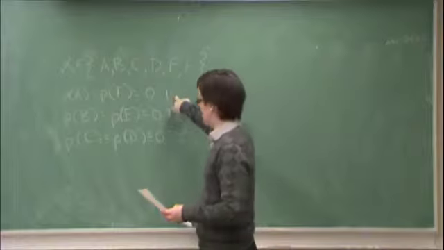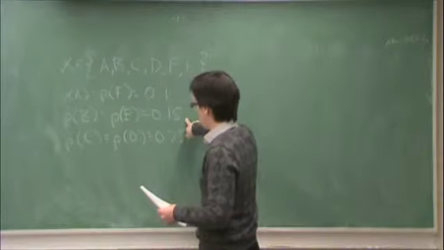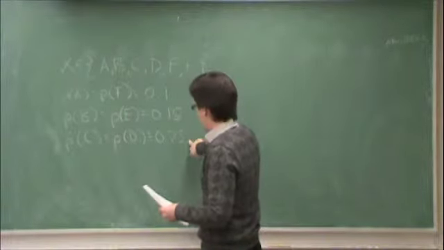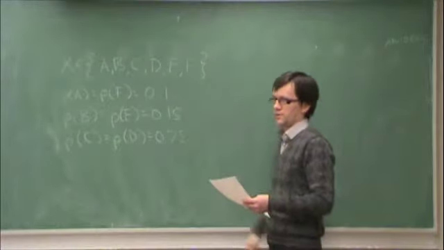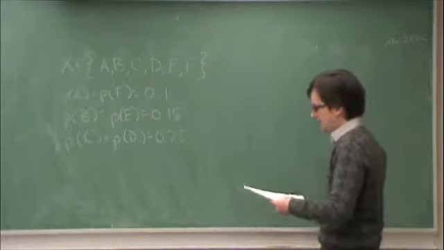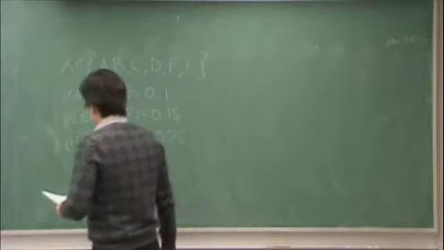2 times 0.1 is 0.2, 2 times 0.15 is 0.3, and 2 times 0.25 is 0.5. 0.5 plus 0.3 is 0.8, plus 0.2 is 1. So this is a valid probability. Let's now calculate the entropy.